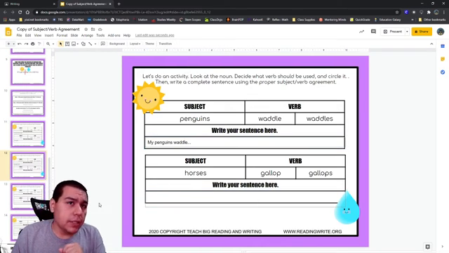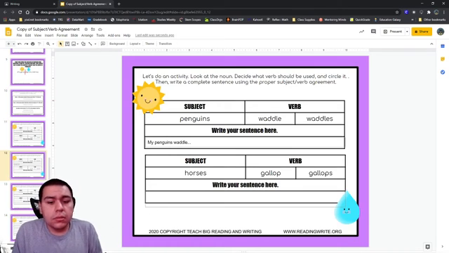What about the second sentence? Our subject is horses. Who can tell me what verb should we match with horses? Would it be gallop or gallops? Heidine, what verb should we match with horses? Gallops.